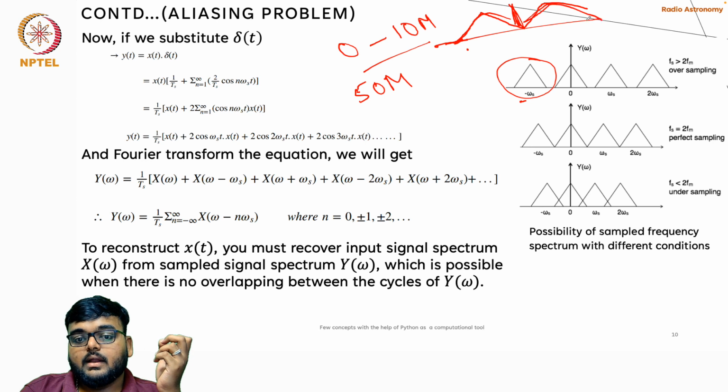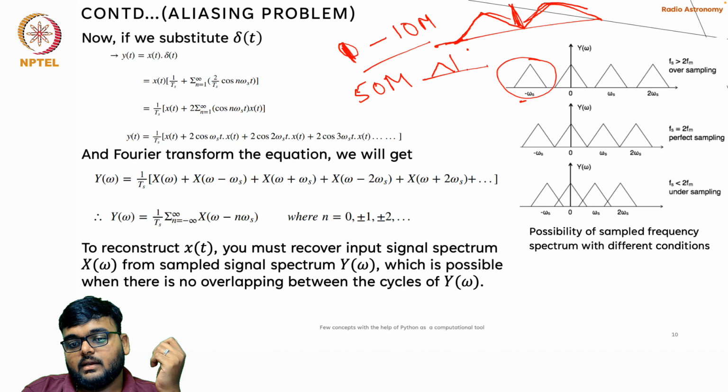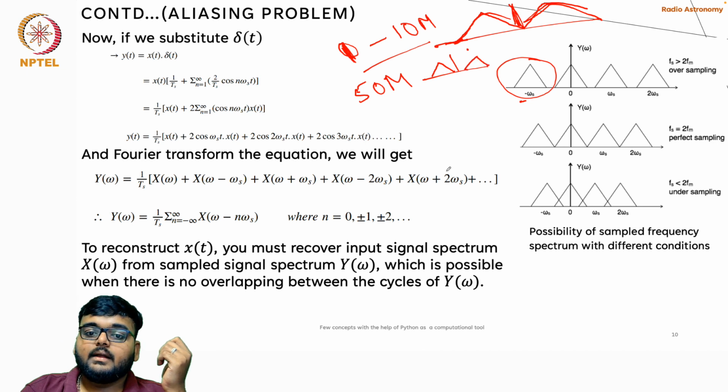Now say instead of 10 to this, we have 1 to something. This won't be like this, this will be like here and here. Now what will happen if I decrease this to 20?